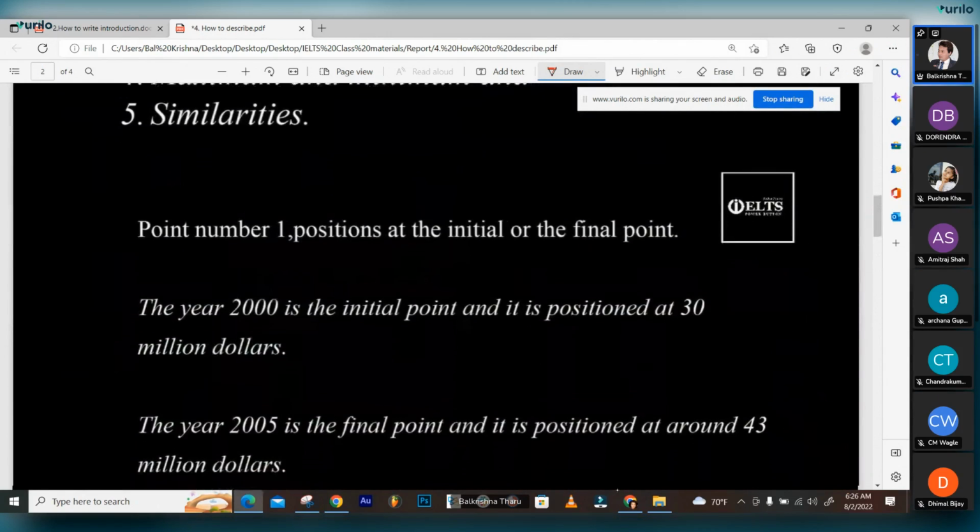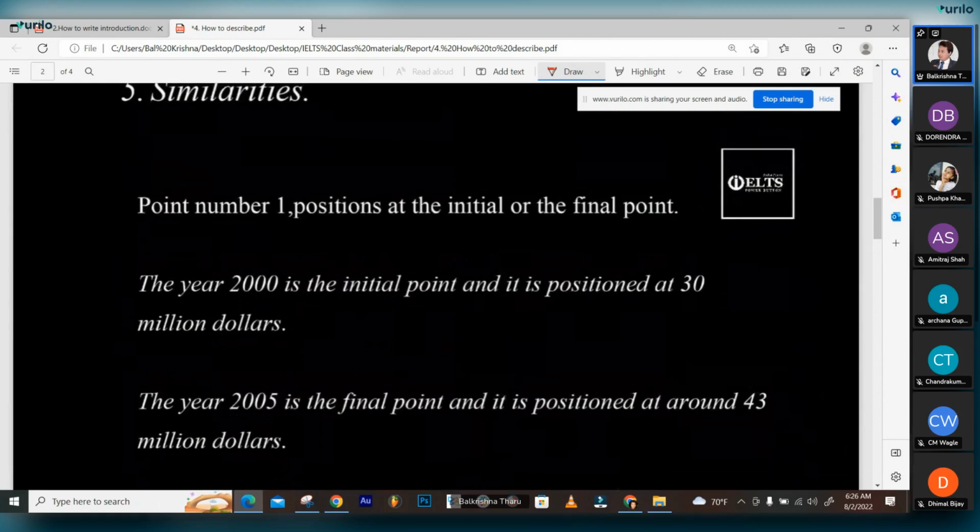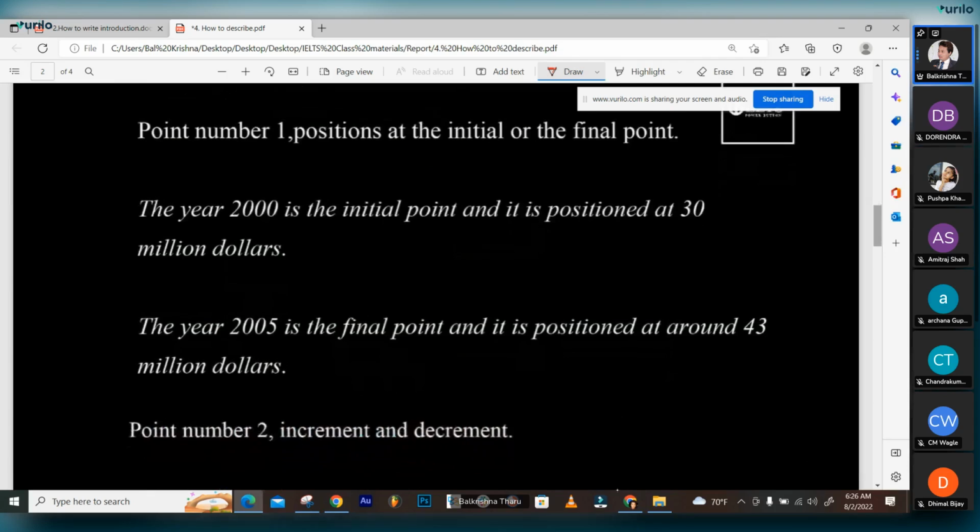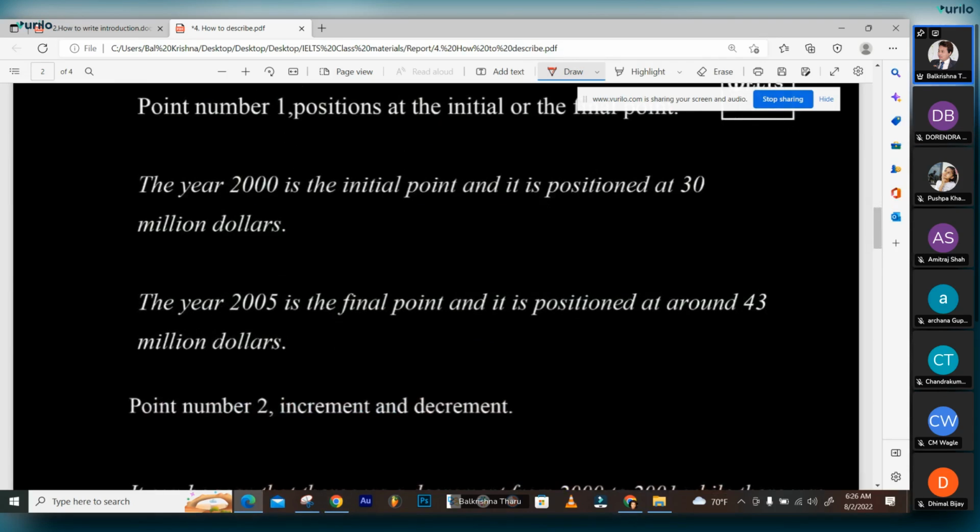Let's talk about this point number 1 first. Point number 1, position at the initial or the final point. As I said earlier, the year 2000 is the initial point, and it is positioned at $30 million.